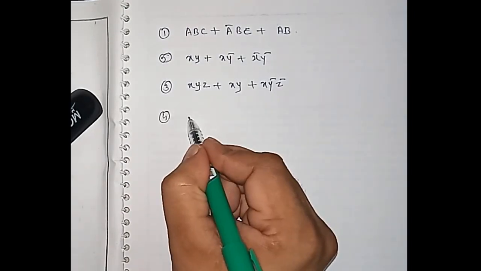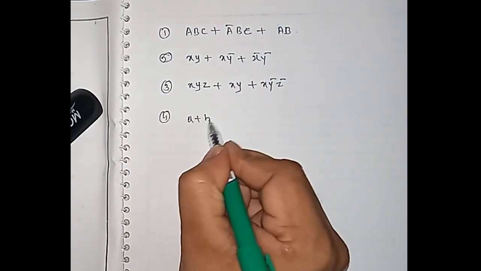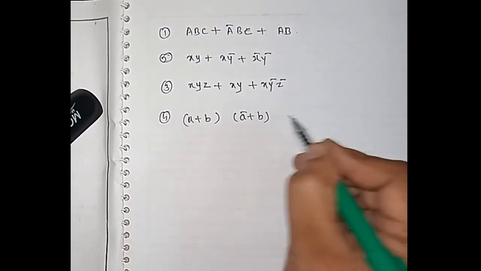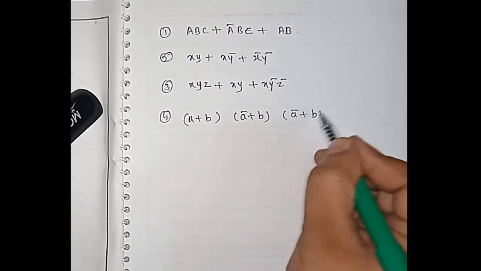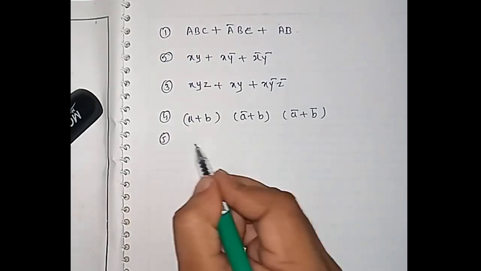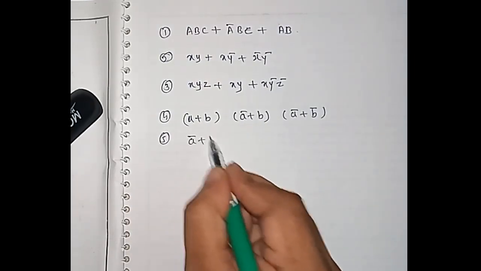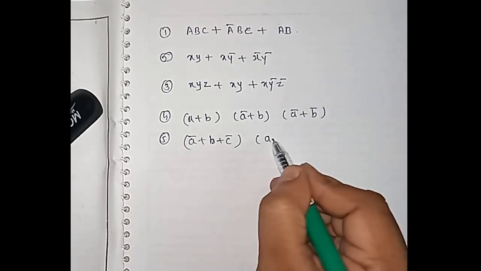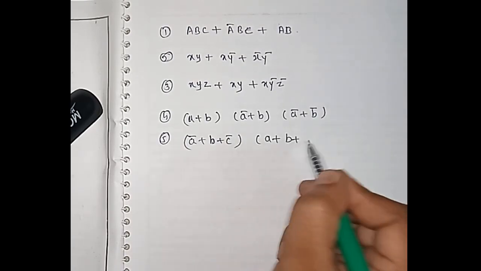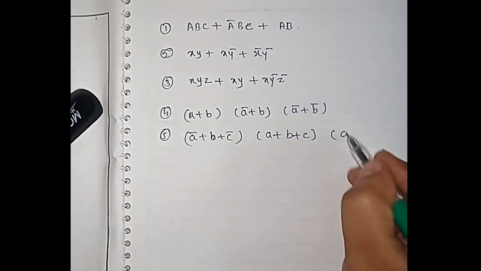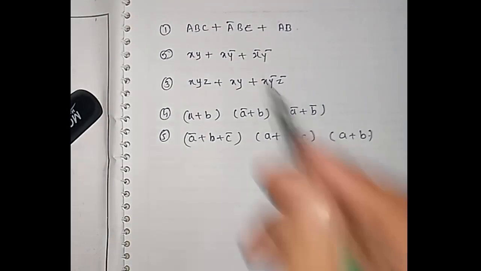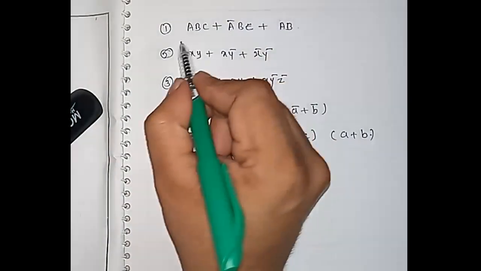Fourth equation, suppose A plus B, then A bar plus B, then A bar plus B bar. Fifth equation is A bar plus B plus C bar, then A plus B plus C, then A plus B.